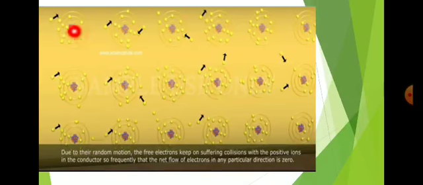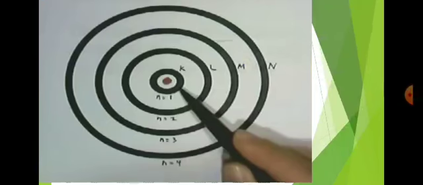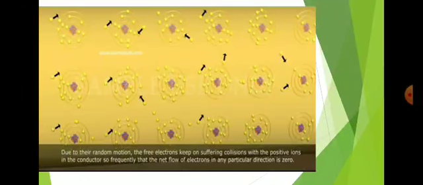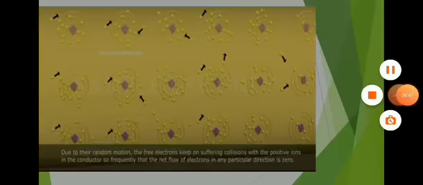When negative charge is removed from the atom, that atom becomes a positive ion, the nucleus having a positive charge. This is the basic concept of free electrons.